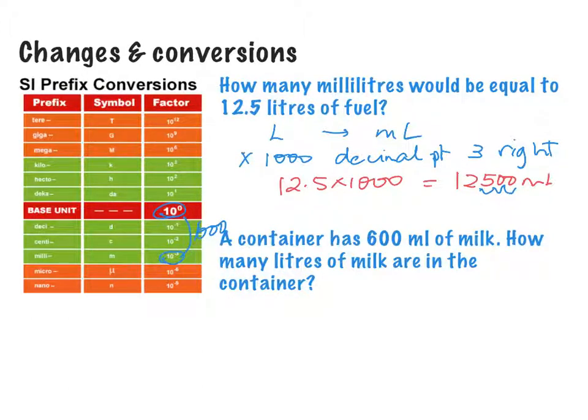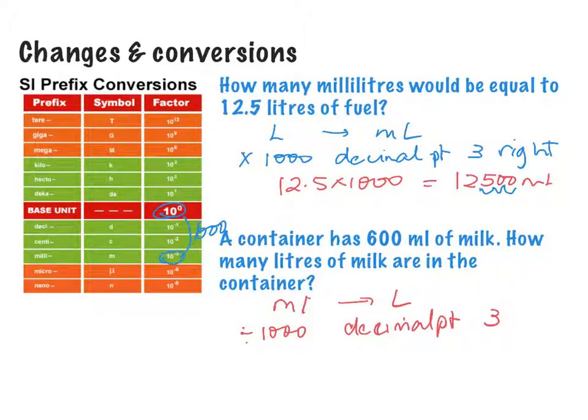Lucky last. A container has 600 mL of milk. That's normally the size container. How many litres are there in this? So I'm going ml to L. In this case I divide by 1000, so the decimal point moves left.